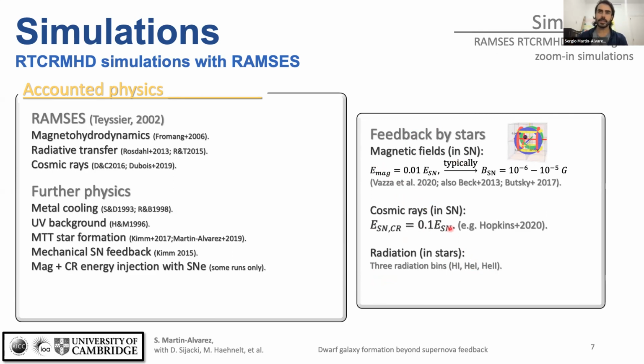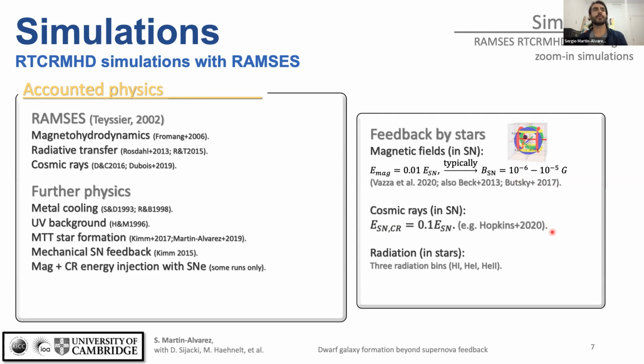Whenever I do either of these two, I put a fraction of the actual total energy, which is the same total energy in all my models, into the different components of the supernova. For magnetic fields, we choose 1%, and the rationale behind it is that it gives you magnetic fields that are pretty much on the order of magnitude of what you see in the ISM, as well as what you see in supernova remnants at scales of about 20 parsecs in terms of energy density.